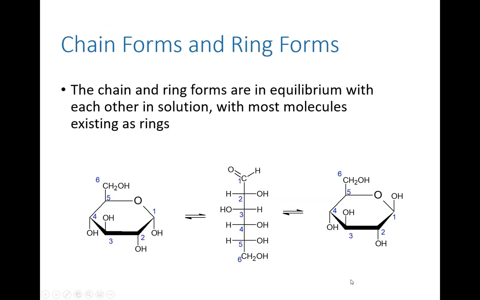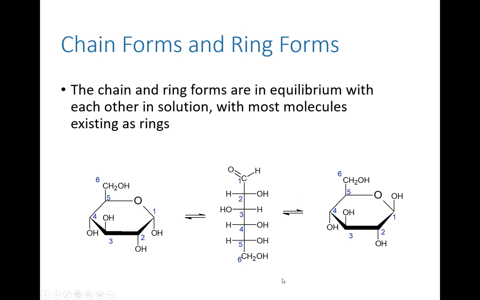We find that if we look at D-glucose dissolved in water or dissolved in cell solutions, there are in fact all 3 forms existing. We have an equilibrium. The vast majority of the molecules exist as either alpha D-glucose or beta D-glucose.